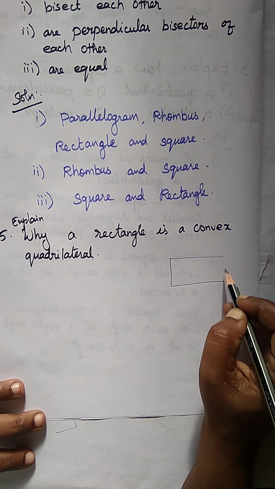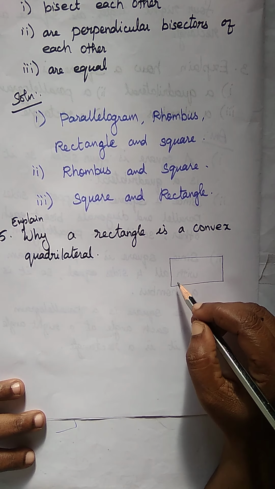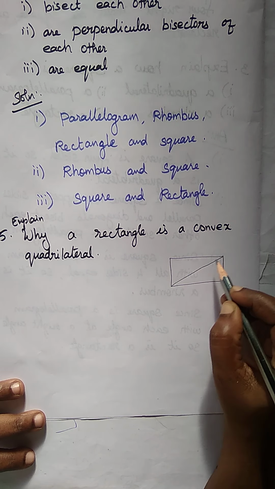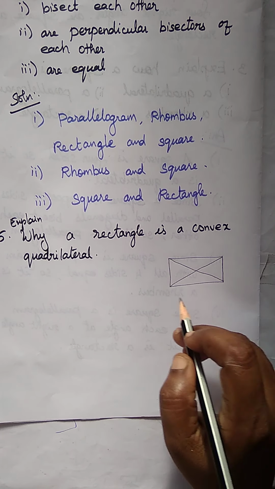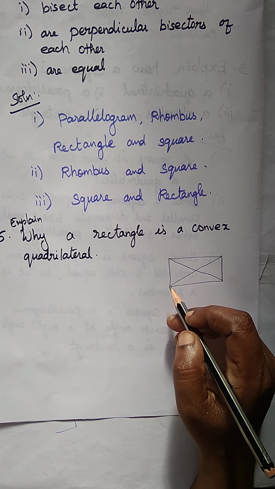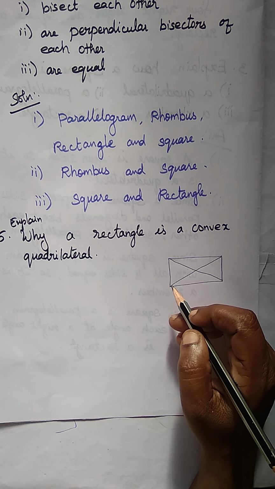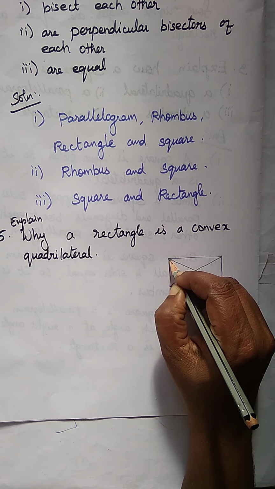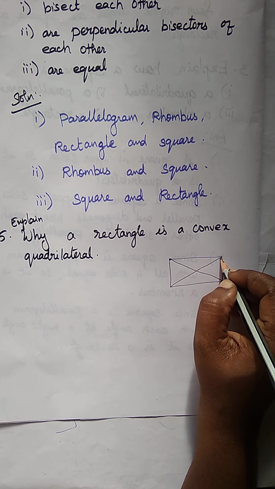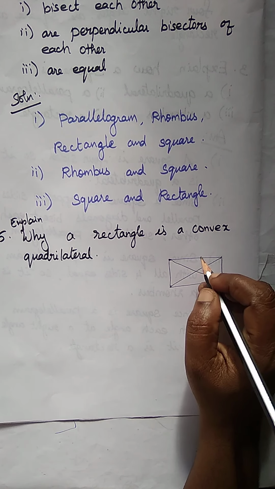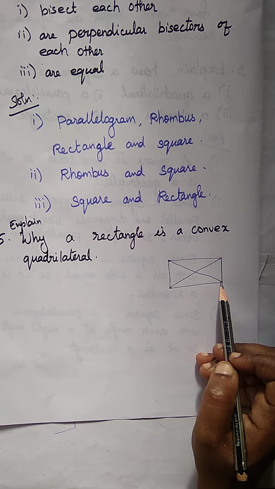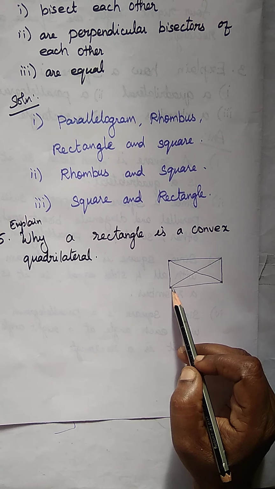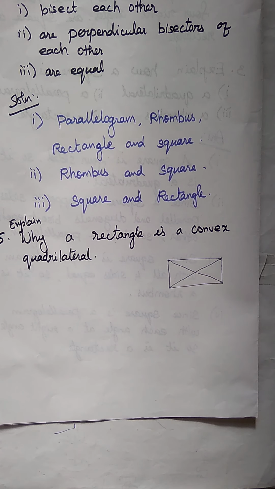It's a rectangle. So draw a diagonal. The diagonal draw பண்ணும்போது, joining the end points of a rectangle, it lies in its interior. Okay va? So it is called a convex quadrilateral. Rectangle exactly convex னு சொல்றோம்னா இந்த diagonal interior-ஆ தான் இருக்குது.